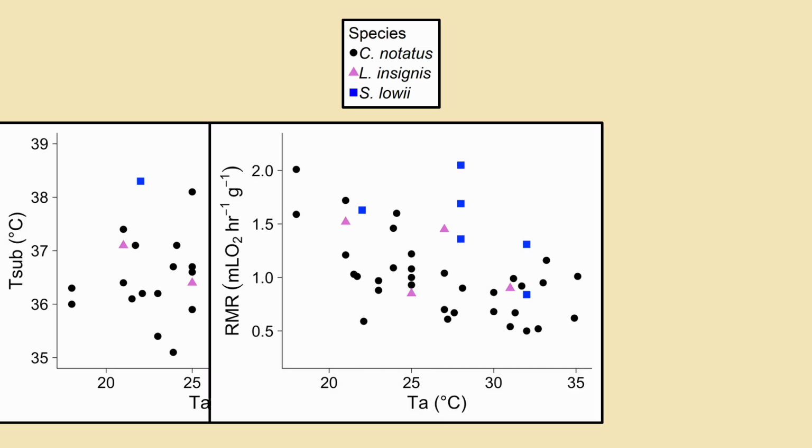And as we look at resting metabolic rate here, or metabolism, this is a proxy for metabolism, at lower ambient temperatures, metabolic rate increases, but at higher ambient temperatures, metabolic rate is lowered.